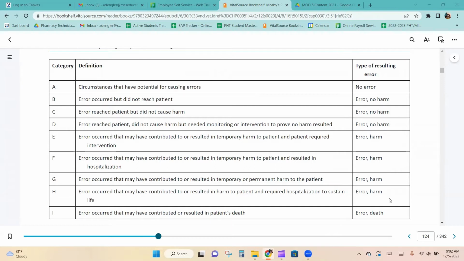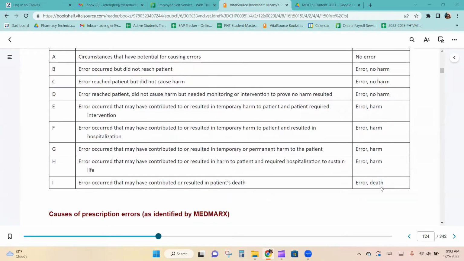An error occurred that may have contributed to or resulted in harm to patient or required intervention to sustain life. And that is error, harm. And then finally, an error occurred that may have contributed to or resulted in the patient's death, which is error, death.